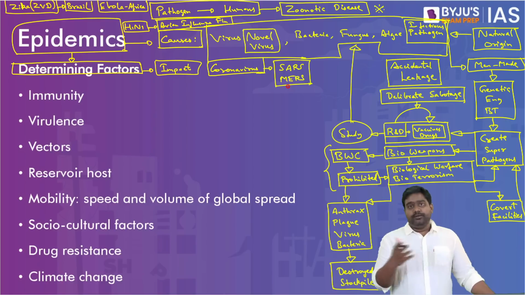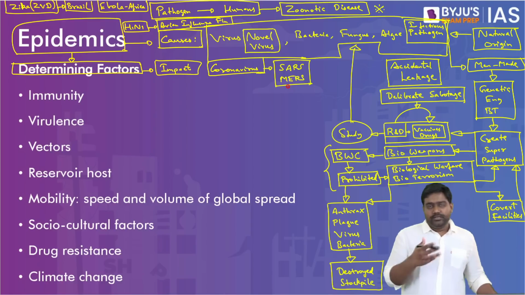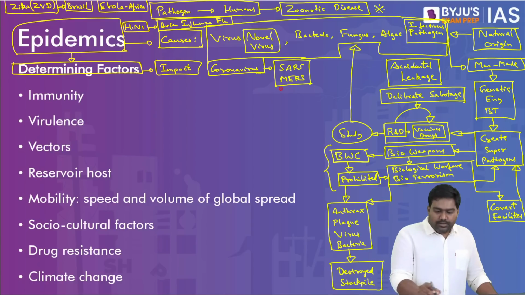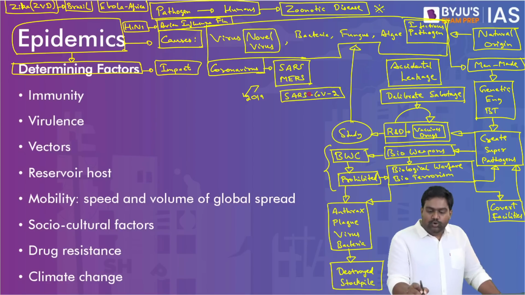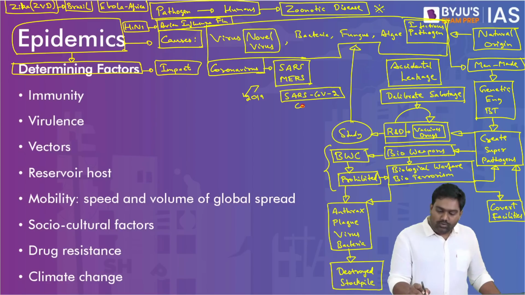MERS had spread in Middle Eastern countries, in the West Asia region. But then came the mother of at least the current generations, SARS coronavirus 2, SARS-CoV-2, or as we call it, COVID-19.